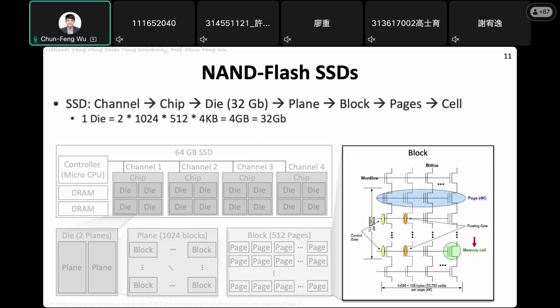Okay, so today we'll talk more about a memory cell. Just like we said, a page is 4 kilobytes, so it means it stores a lot of bits inside. And today we'll talk more about how an SSD can store a bit, how it represents 0 and 1.